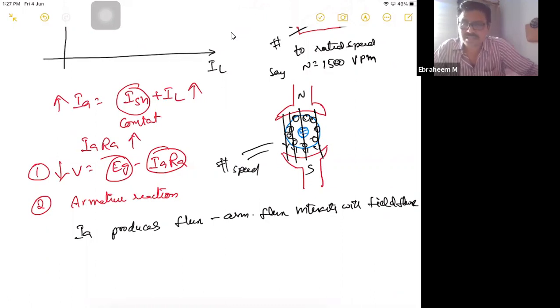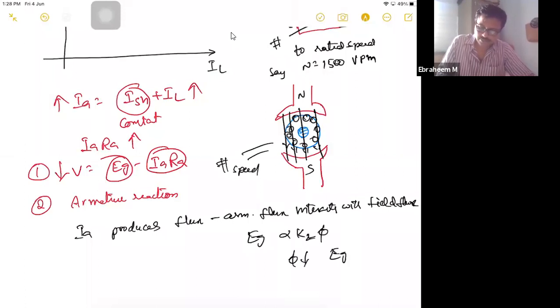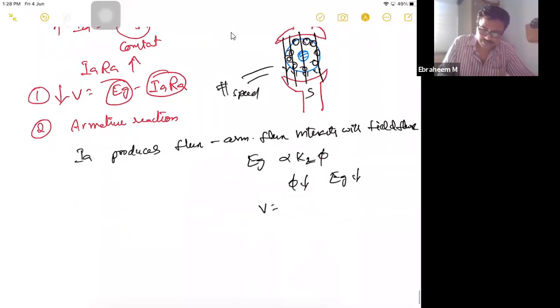So as the flux is disturbed and demagnetized, net flux will reduce. Eg is proportional to K2 into phi, so if phi decreases, Eg decreases. V is equal to Eg minus IA RA, so if Eg decreases, V decreases.